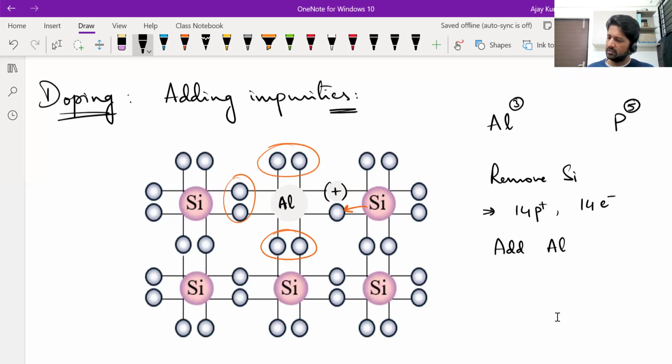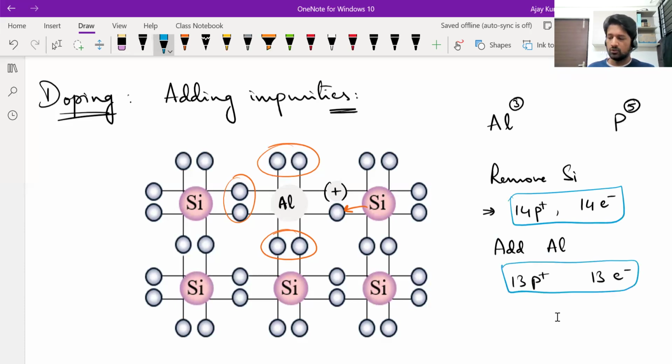When you add aluminium, you are adding 13 protons and 13 electrons. So what you removed is neutral. What you added is also neutral. So you are not giving any net charge to the semiconductor. Net charge is still 0. But when silicon is replaced with aluminium, you will automatically see some vacancies. You will automatically see some holes.